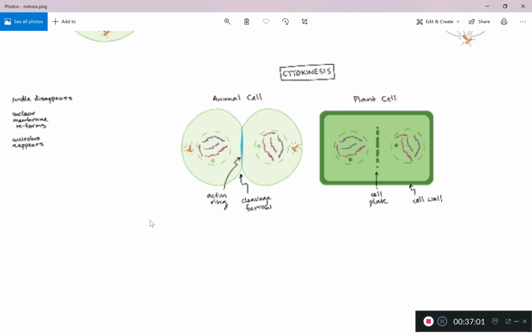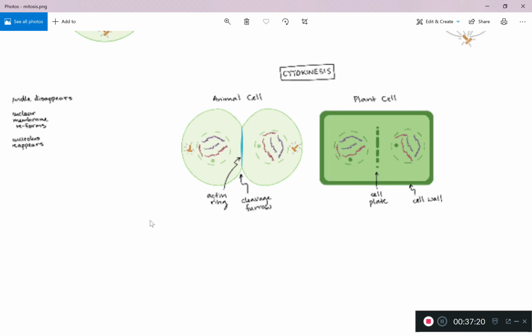So if you're in an animal cell, you'll start pinching off your cytoplasm, so it'll start squeezing in, and that is called cleavage, or the cleavage furrow. There's starting to become like a groove between the cells.